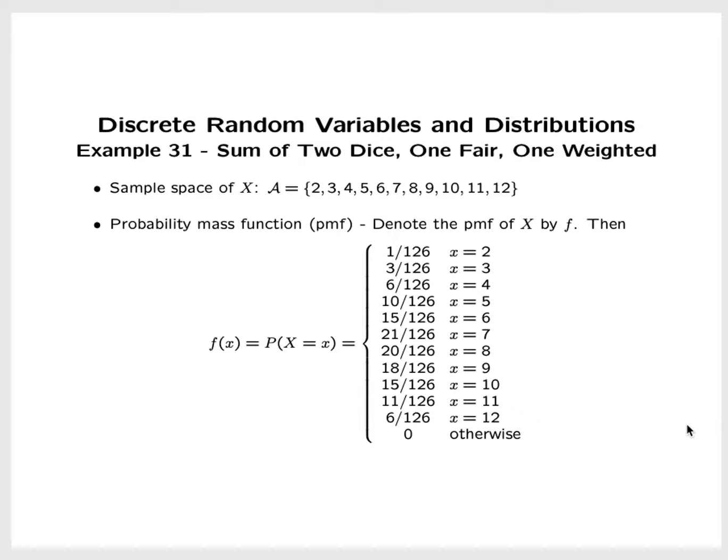Now, here is the slide that we looked at in a previous example when we were dealing with this particular experiment of tossing a fair die and a weighted die, and then letting X be the sum of the two up faces. And so here is the PMF for this distribution. We'll be using this to calculate the mean, the variance, the skewness, and the kurtosis.